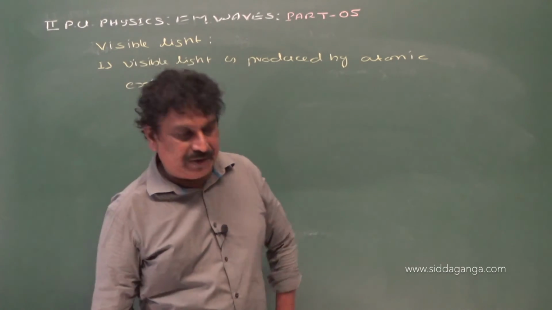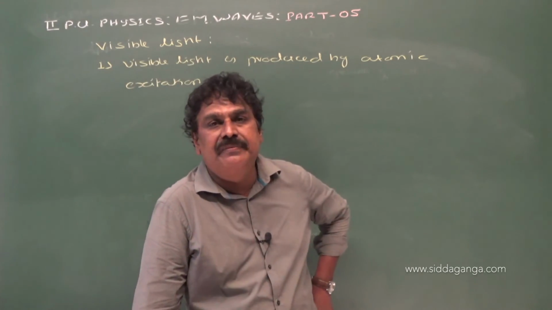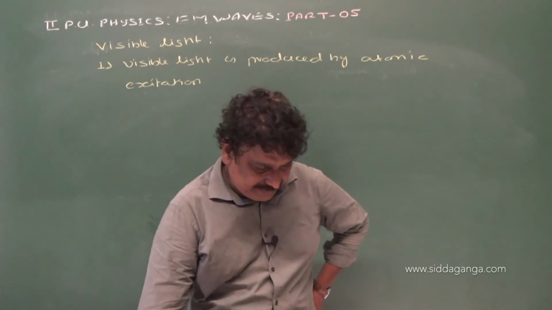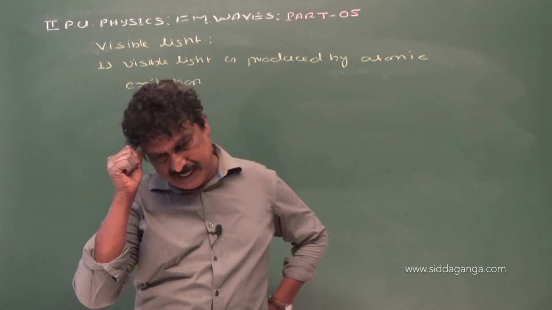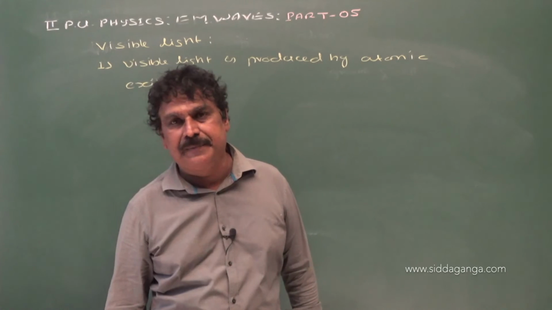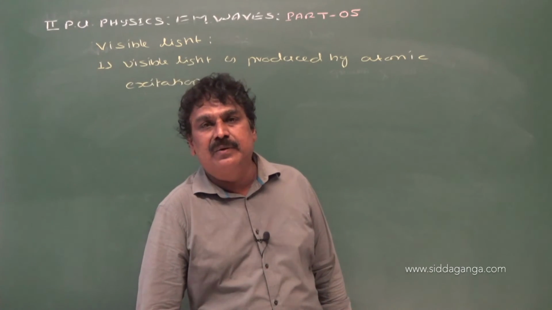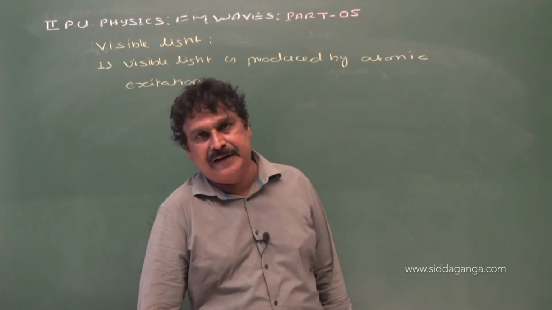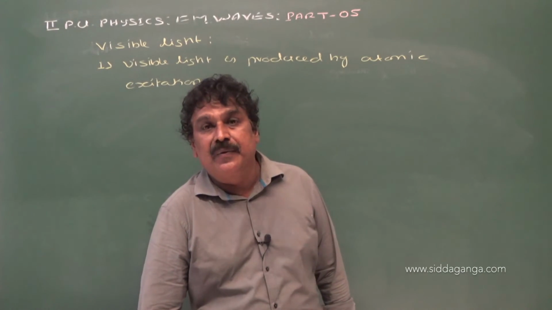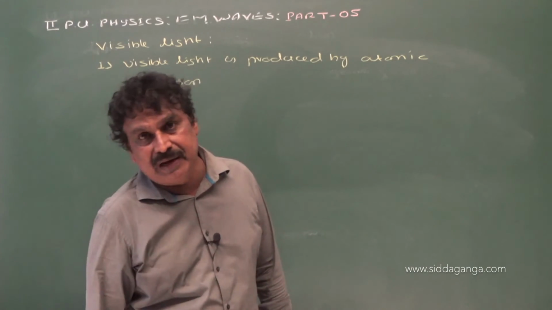energy is supplied to atom of the material, the atoms get excited. That means electrons jump from lower energy orbit to higher energy orbit. While coming back to normal state, they emit electromagnetic waves in visible region.